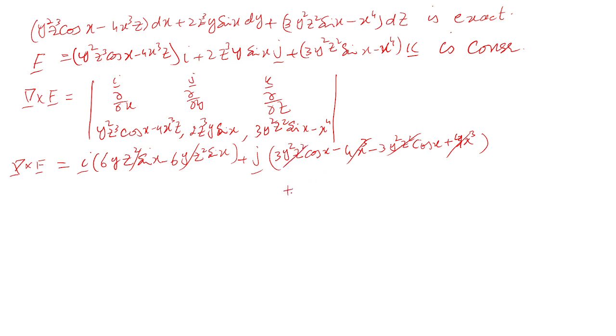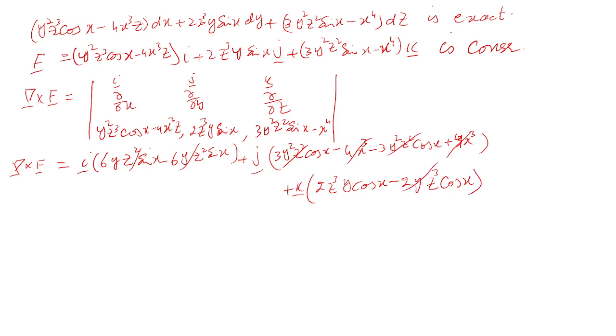And there is the last k component. This will be differentiated with respect to x, so this is 2z cube y cos x, and this will be differentiated with respect to y, so that is minus 2y z cube cos x, and there is no y in this term, so that is 0.